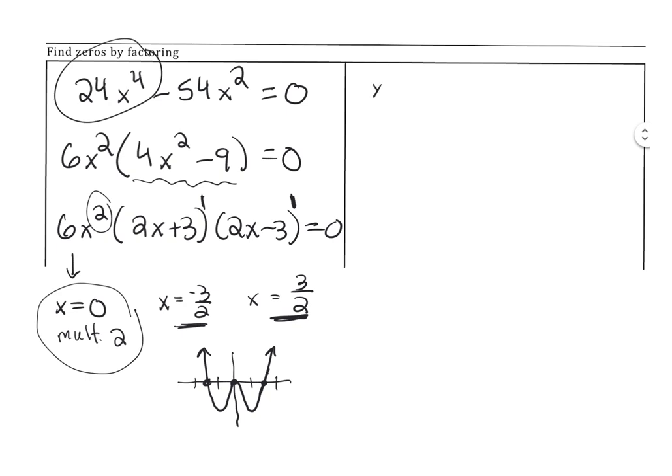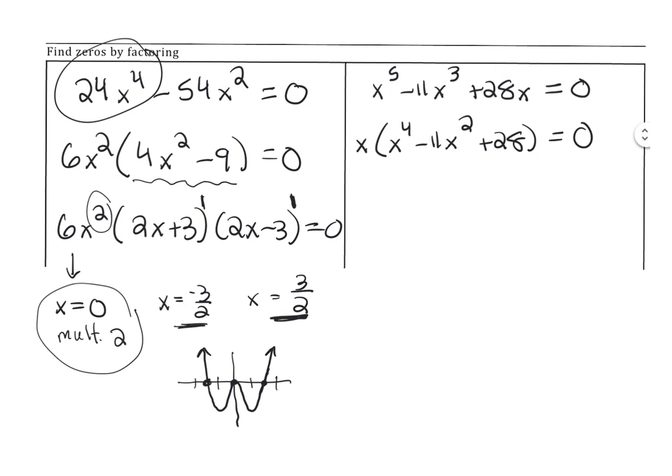Okay, let's do another one. x to the 5th minus 11x to the 3rd plus 28x equals 0. This one also has a greatest common factor. This time it's of x, so let's take that out. So I have x to the 4th minus 11x squared plus 28 equals 0.